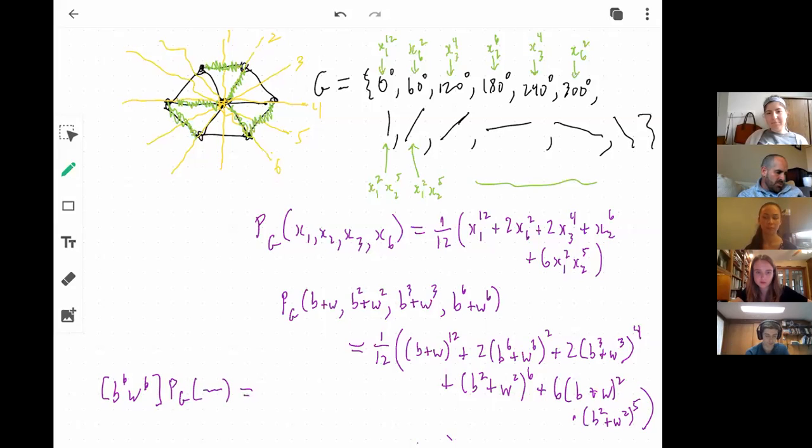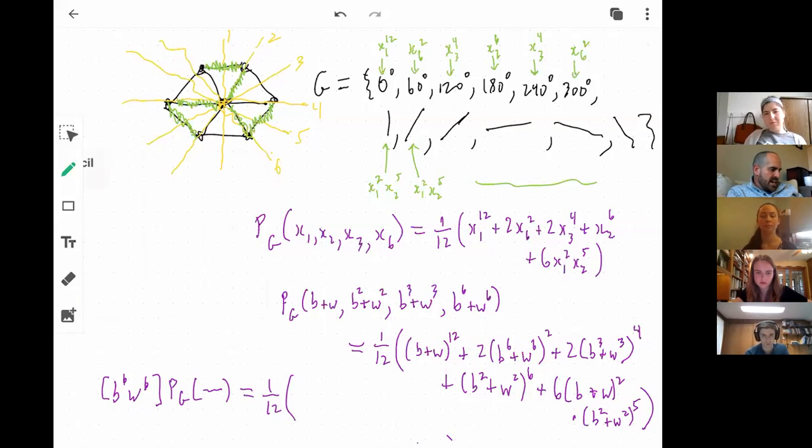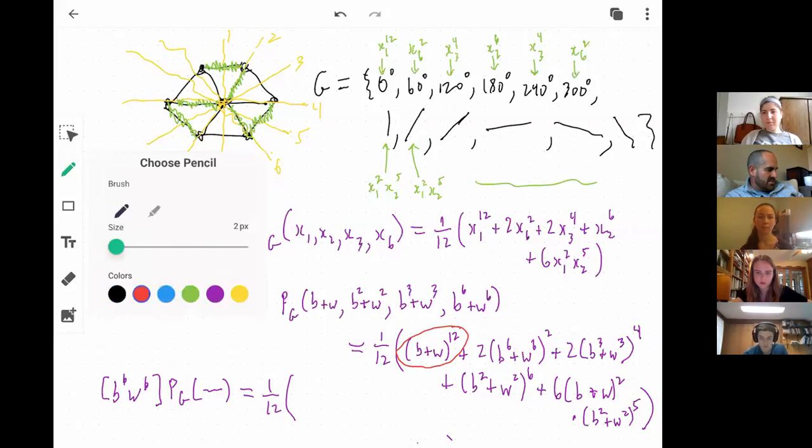What would that be? Well, it would be a 12th times something. A 12th times what? What about b plus w to the 6th? Would that contribute anything to b to the 6th, w to the 6th? Would there be anything that has a b to the 6th, w to the 6th in it? What do you think?